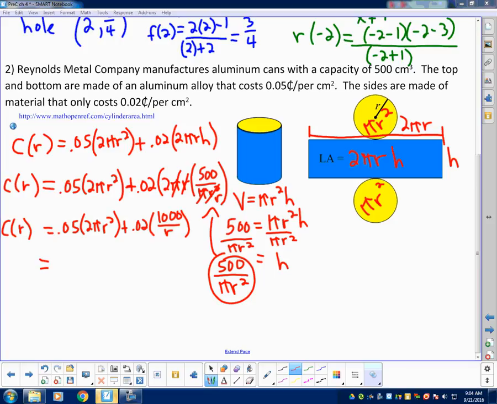Then one more step. 0.05 times 2 gives me 0.1 pi r squared, and 0.02 times 1,000 gives me 20 over r. So I have a rational function because of this 20 over r term. So that's part A.